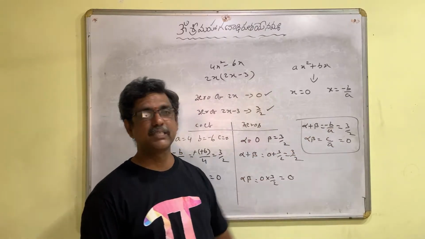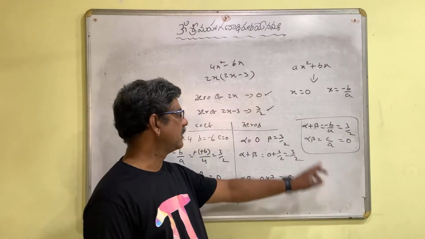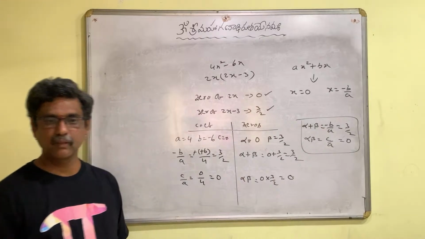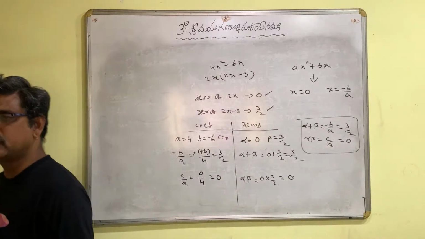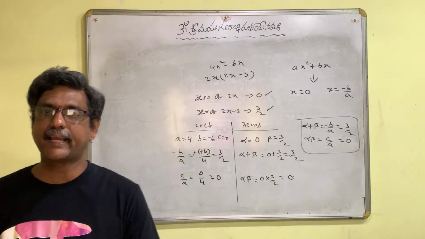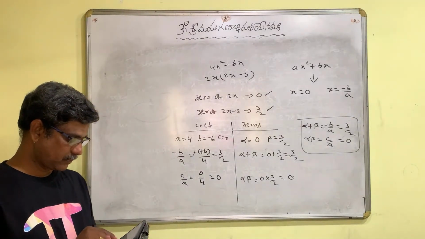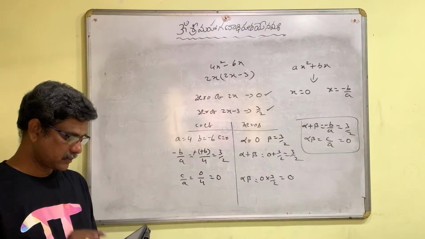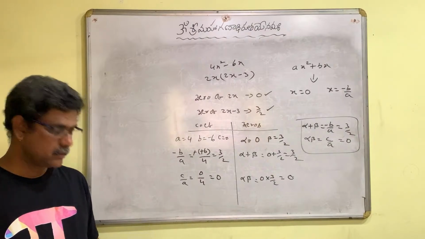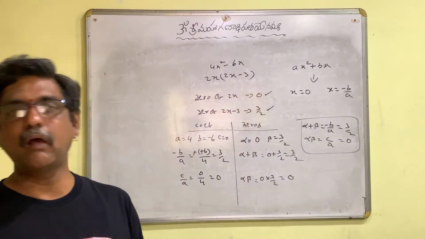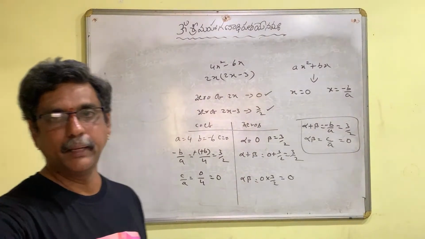Alpha plus beta is the same as minus b by a, alpha beta is the same as c by a. Okay? So like that you have to complete the problems in the second Roman. Everyone, try to solve all the problems in the second Roman.